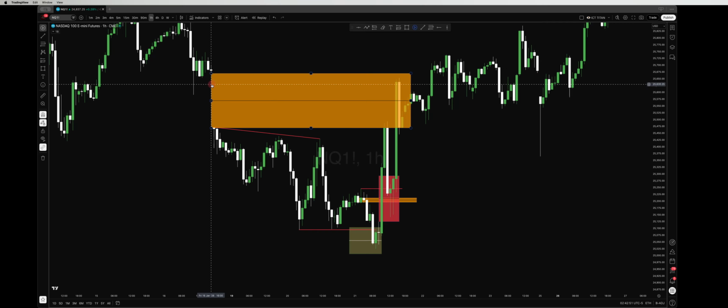What is this? This is a new week opening gap, okay. This is a Friday candle, this is the Sunday 6 p.m. candle, so that means you have a new week opening gap, and this is the 50% midpoint.